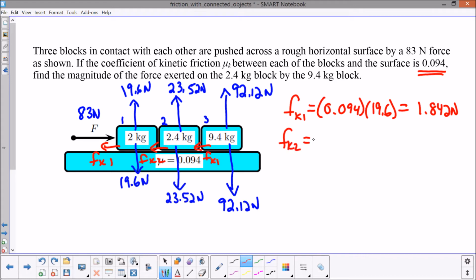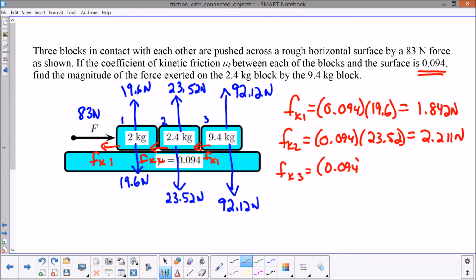The force of kinetic friction on box 2 is 0.094 times 23.52 newtons, which is 2.211. The force of kinetic friction on box 3 is 0.094 times 92.12, which is 8.659 newtons.